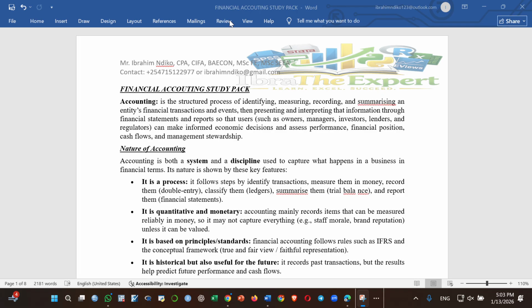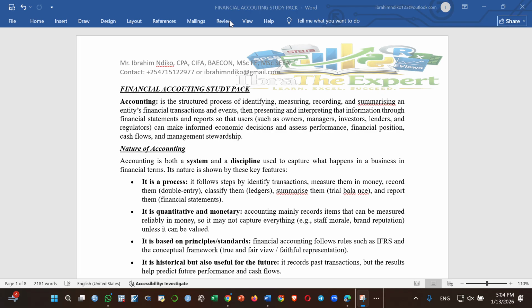So when we talk about financial accounting, we need to start from the word accounting. So what is accounting? And when we talk about accounting, we need to understand the nature of accounting, and also understand the purpose of accounting.